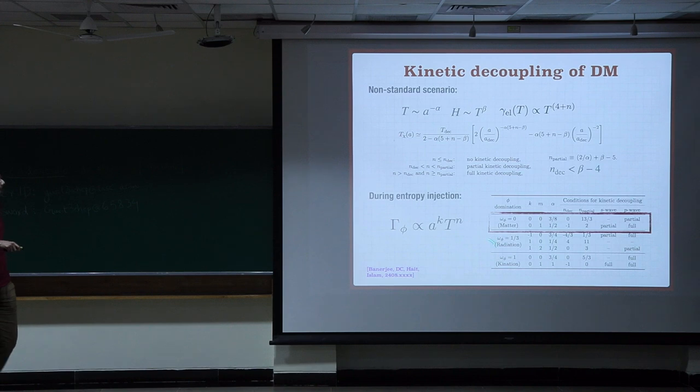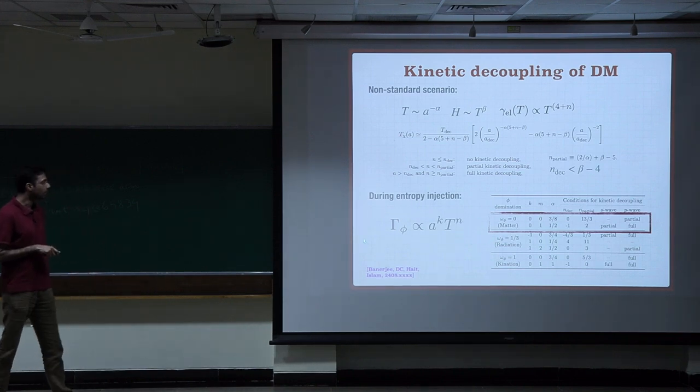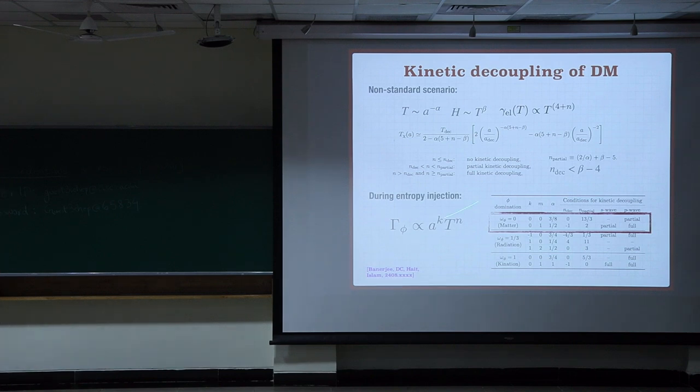Now one can directly show that even for a matter equation of state of 0, when I take the dissipation rate being temperature dependent, already the S wave shows a partial decoupling in the matter era, whereas a P wave shows a full decoupling in the matter era, for the exponents of k as 0, so like no a dependence but T dependence being 1. Okay, so this is what one can achieve.